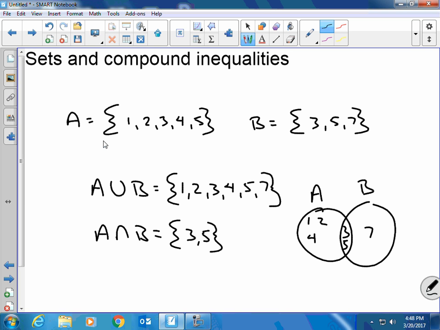Notice the circle that is set A. It contains the numbers 1, 2, 3, 4, 5. Notice the circle that represents set B. It does contain 3, 5, 7.